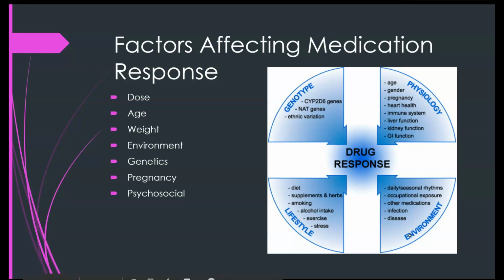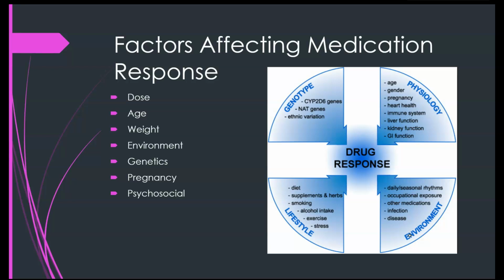A lot of different things will affect how medications respond, okay? Obviously the dose. If you take a very high dose of a medication, for example morphine, you're going to have much more side effects than if you took the normal regular dose. Patient age, right?